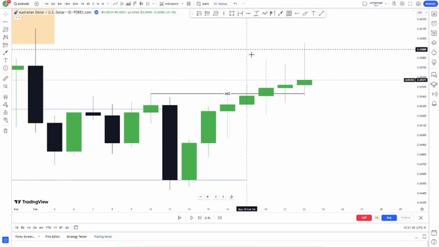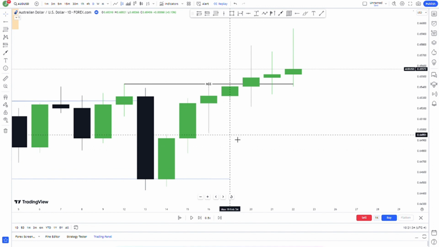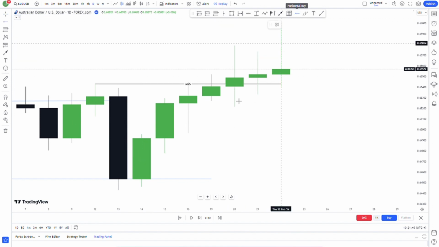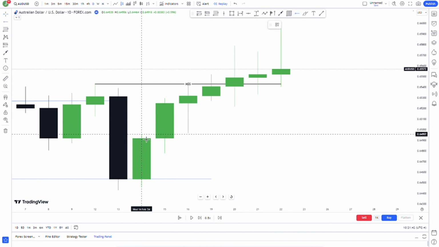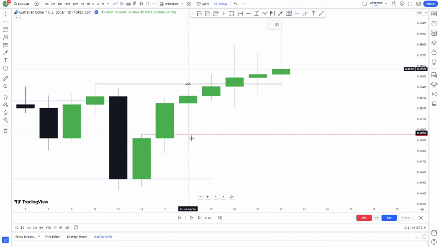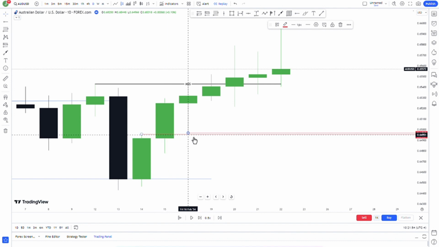Now if we look closely between this candlestick and this candlestick, we can see that the high of this candlestick, including its wick, and the low of this candlestick do not converge. They do not touch at any point, so therefore this means that we have a fair value gap down here.